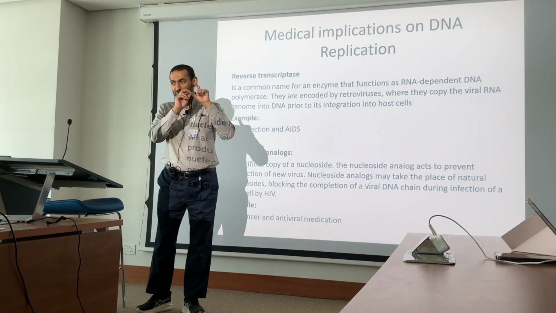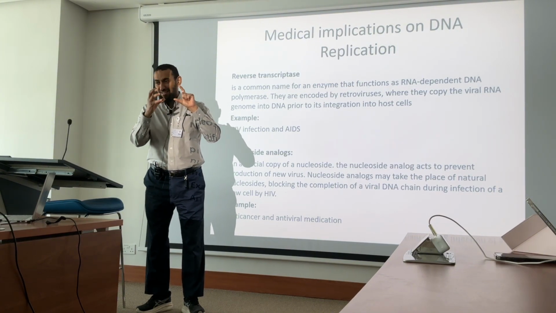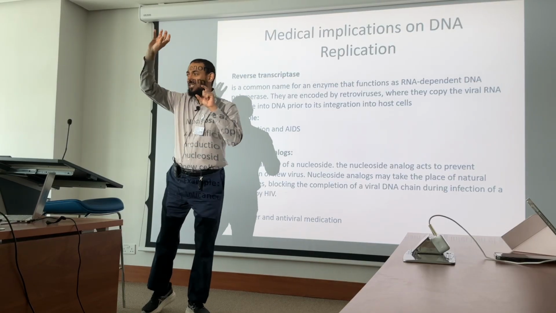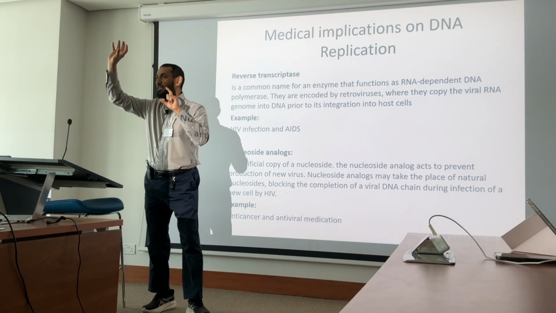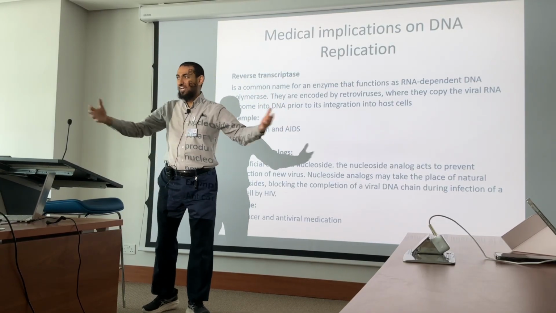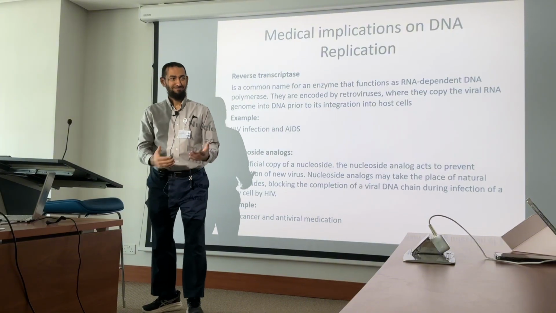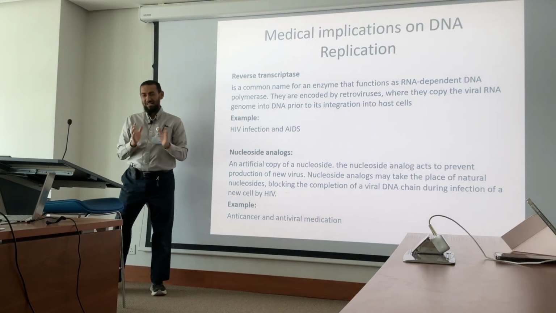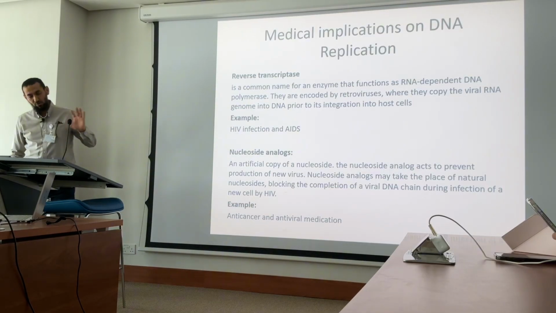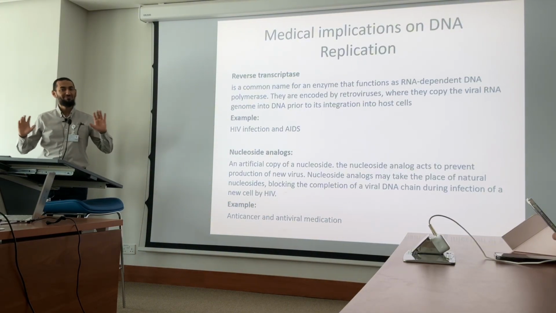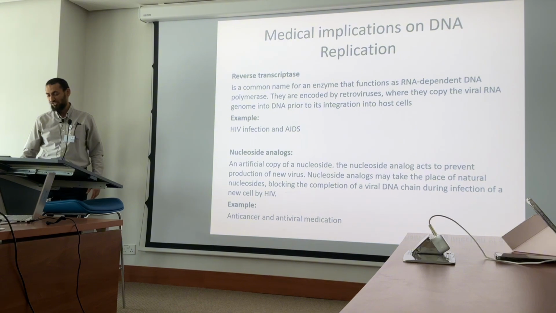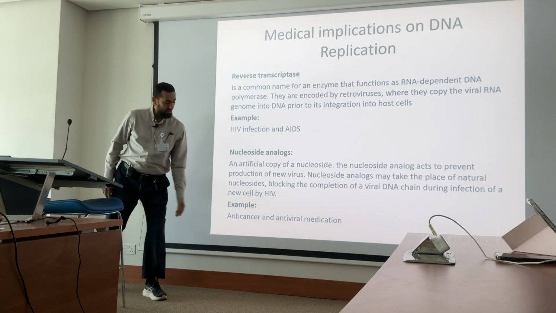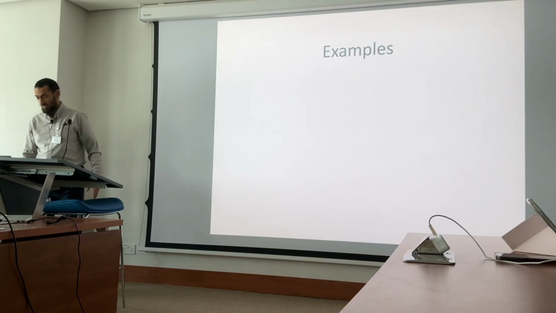We make some modification so that the polymerase will take it and attach it to the newly synthesized strand, but then it cannot do anything further. It's a fake, an analog of one of the nucleosides. And this is the concept of multiple medications. Examples of this are anti-cancer and antiviral medications. I'll show you now.